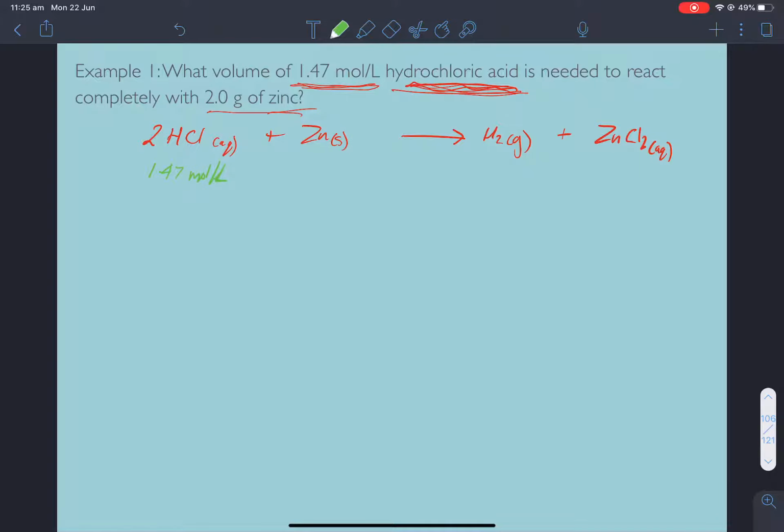And we've got 2 grams of zinc. Okay, what we can do is go down to moles of zinc. Work out how many moles of HCl needed. And then from the moles needed, divided by the moles per litre to give us the volume. Okay?